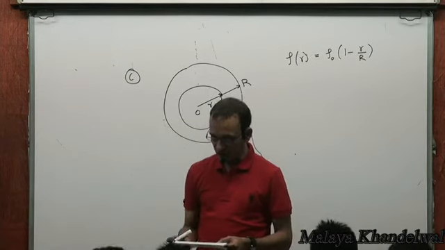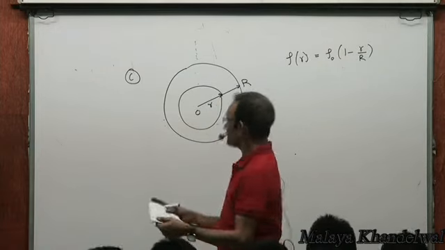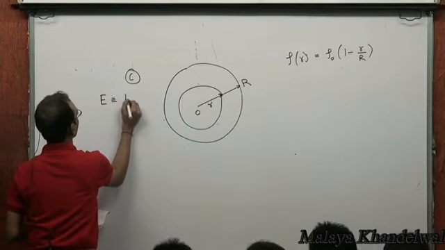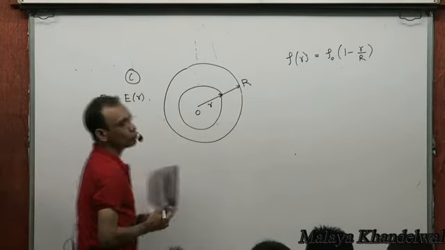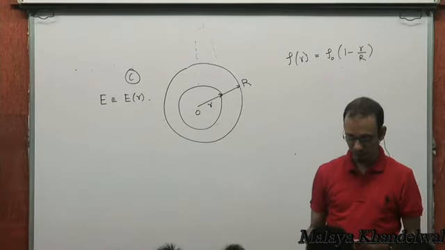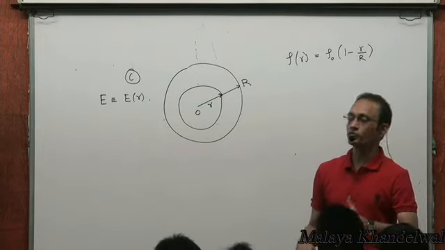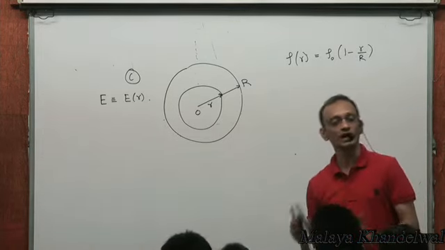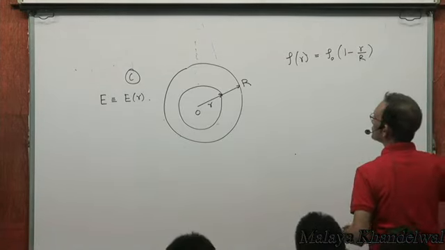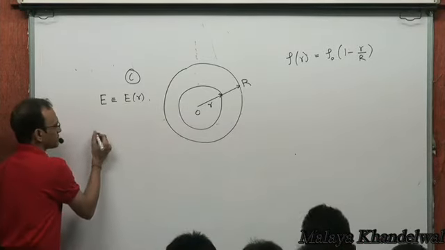Assuming the permittivities of the ball and the environment to be equal to unity, we want to be able to find electric field as a function of small r, both inside and outside, that means for small r less than capital R and for small r greater than or equal to capital R. Let me deal with small r less than capital R first.